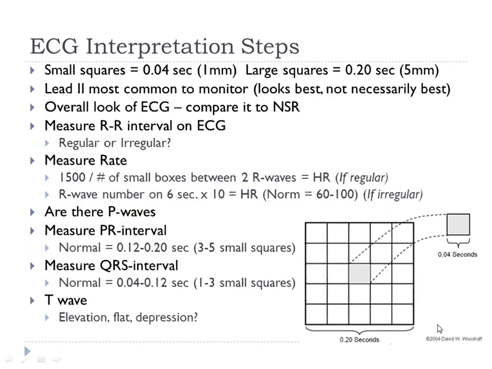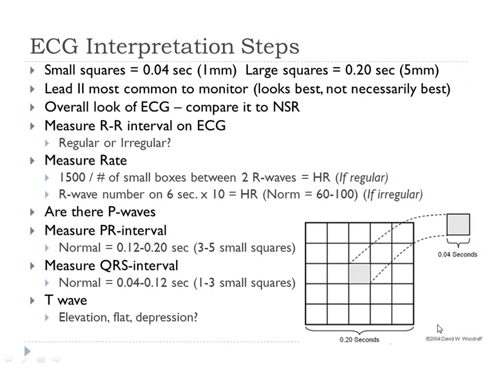So here's a little bit more. These are basic steps in beginning to interpret an EKG rhythm. On your rhythm strip, you'll see some large boxes and some small boxes. Each small box is 0.04 seconds.